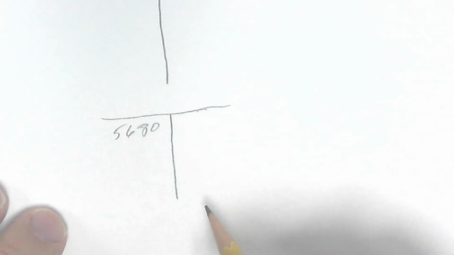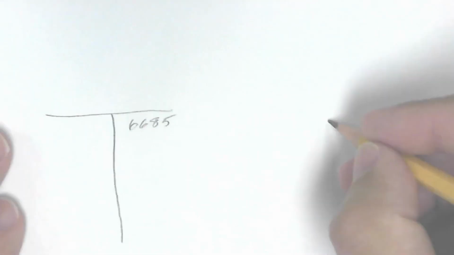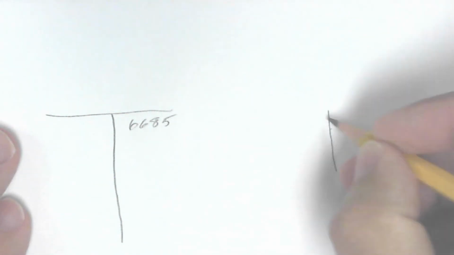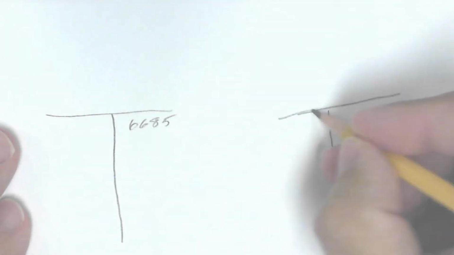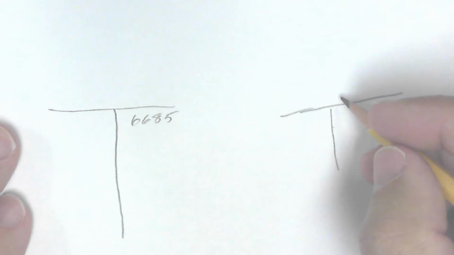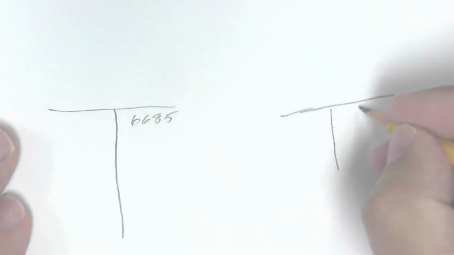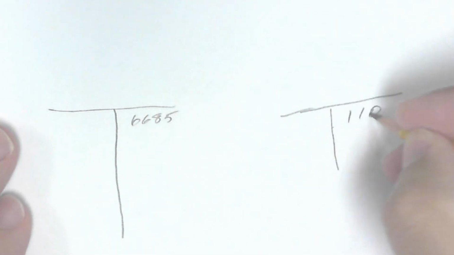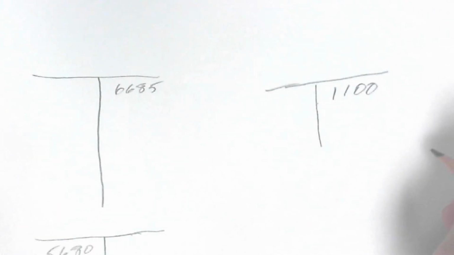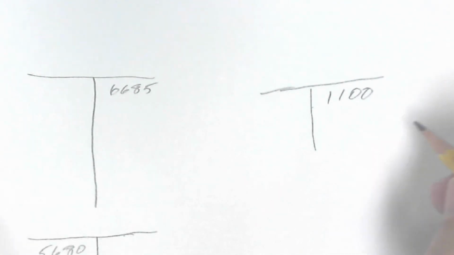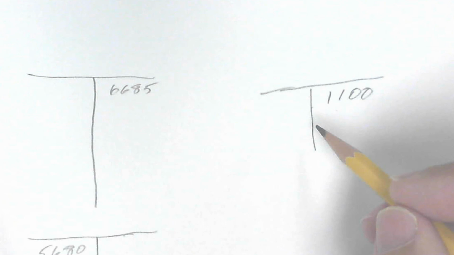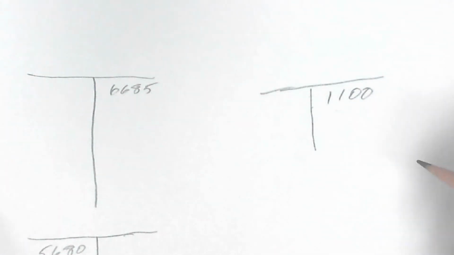Then we have another account. We have a credit of $1,100. So there's our 3 accounts. Now we need a 4th account.